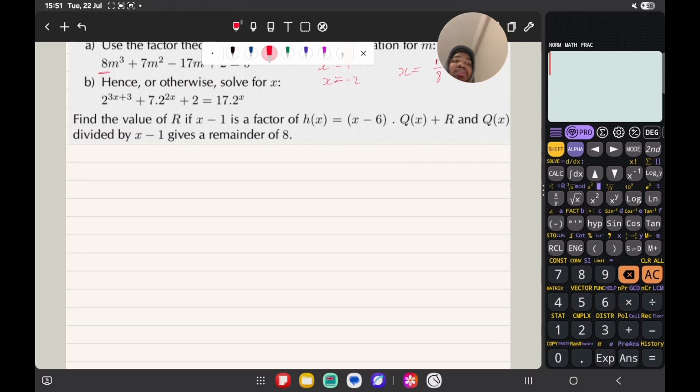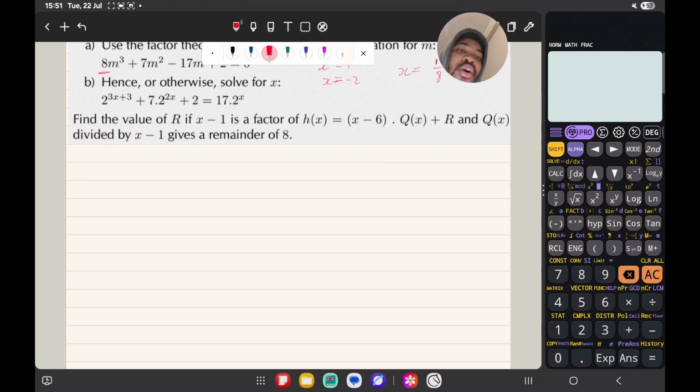Before I solve this one, I want to say this. Me personally, I have a problem with the way they structured this question. The reason is that they could have used a different letter, because now when they say x minus 1 is a factor of that.